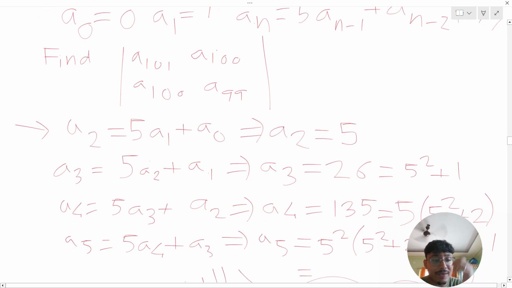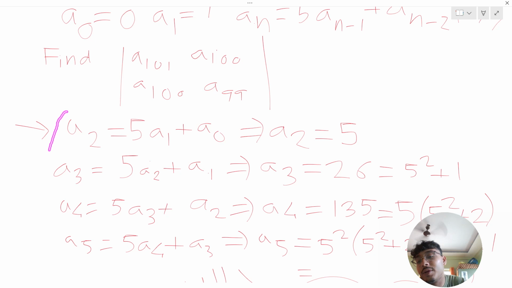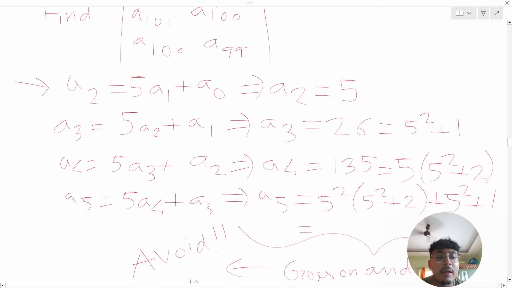Whenever we see these questions, the first thing any novice would do, before anything else comes to mind, is try to find out the values and see if we are getting any pattern or not. So by putting in the values of A0 and A1, I find A2, similarly A3, A4, A5 and so on. Ultimately we get some kind of pattern, not an exact pattern like 5 squared or 5 to the power n.